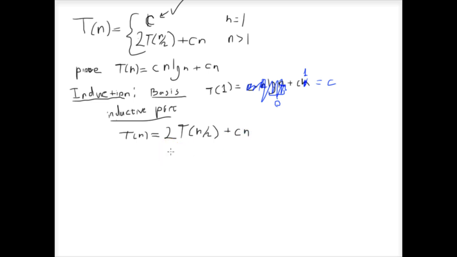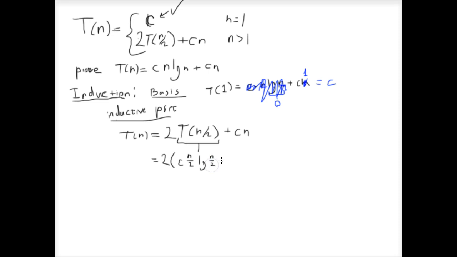And for the inductive proof, we look at the subproblem, and this is involving a smaller n, and we're using a strong inductive hypothesis here. We're assuming it's true for all smaller n. So we can substitute our inductive hypothesis here, which is that cn log n works. Of course, here we have n over 2.